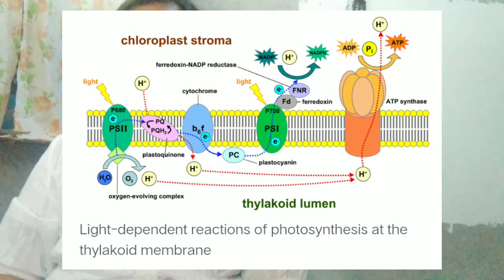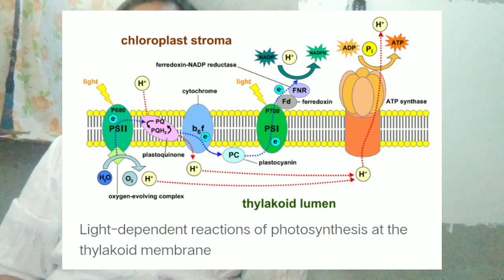The light energy splits water and extracts the electrons from the photosystem. Then the electrons move from PS2 to b6f, or the cytochrome, to photosystem PS1 and are reduced in the form of energy.